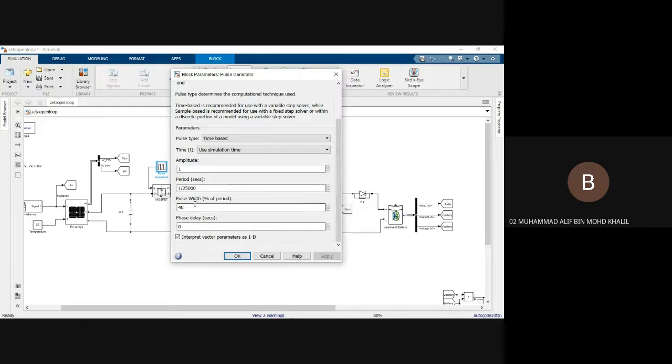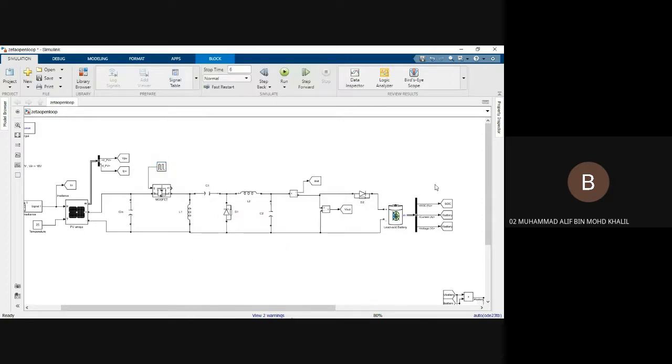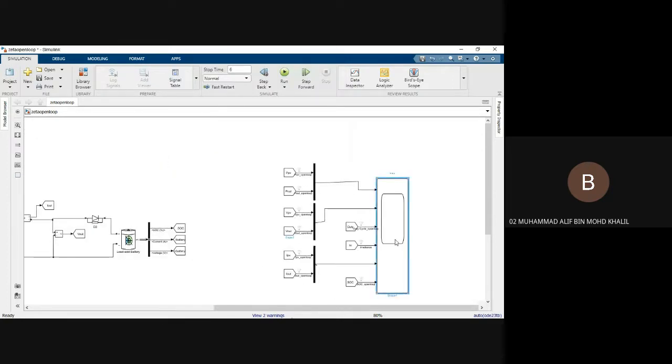So the duty cycle will be 0.4, and this is the period, which is 1 divided by 35,000, which is the frequency. So this I also have run it.